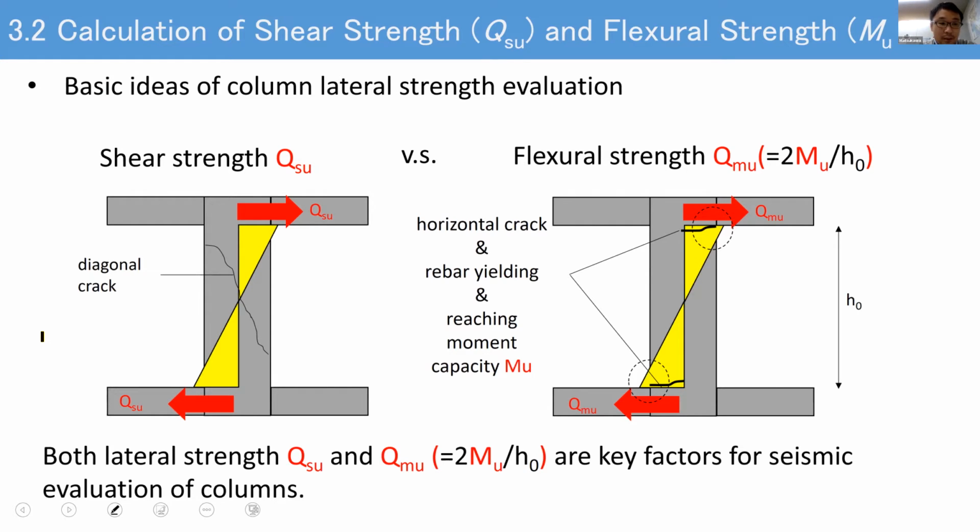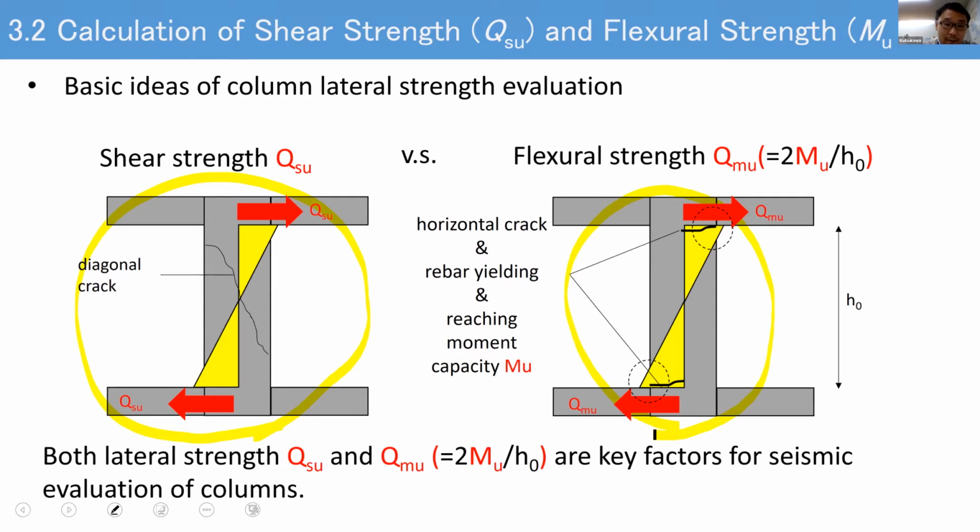When lateral load is applied to the column, mainly two types of failure pattern will appear. First one is shear failure, like this. And the other is flexural failure.